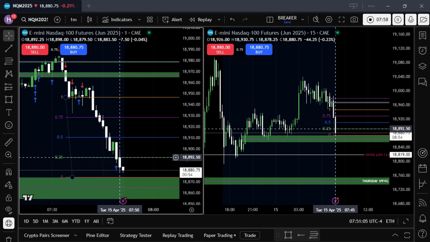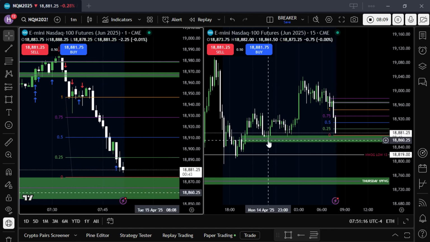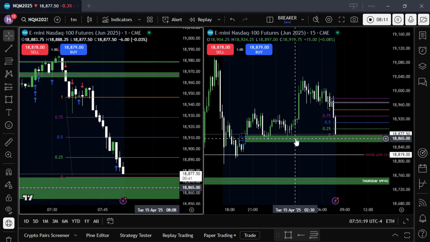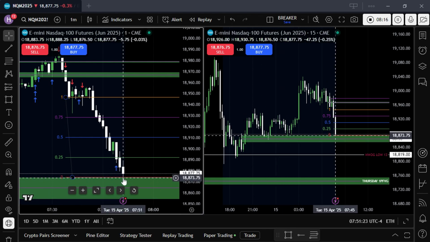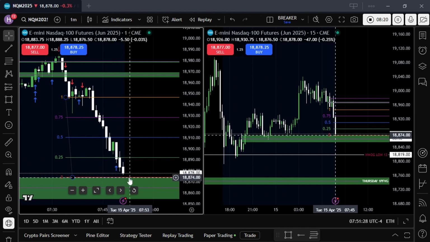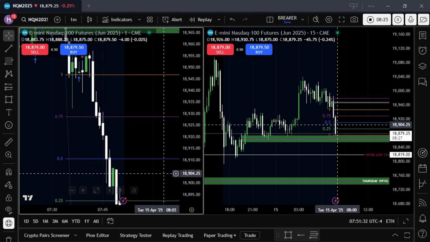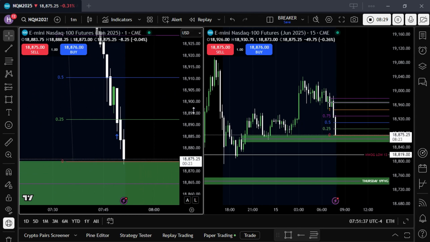And it's not just because the inefficiency is there, it's because there's liquidity resting there as well. And then you see that's pretty algorithmic to me. It just taps it and then kind of goes away for a little bit.